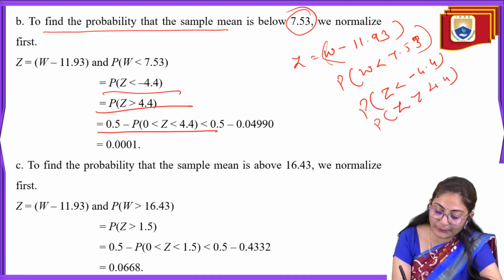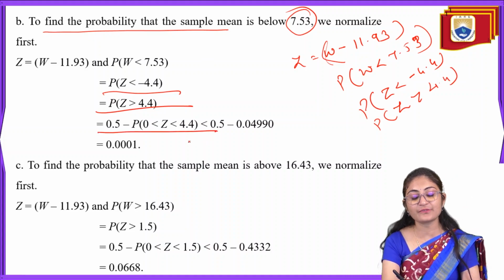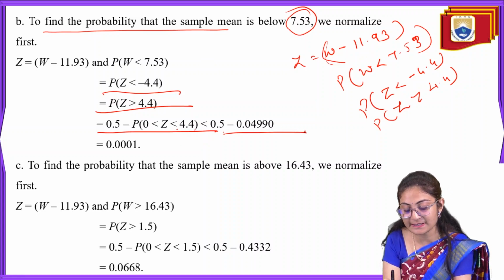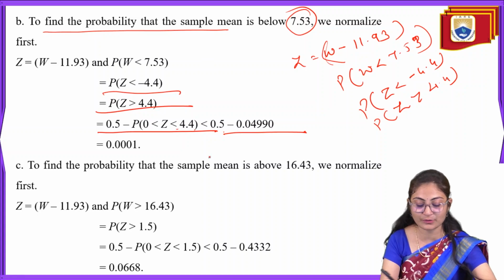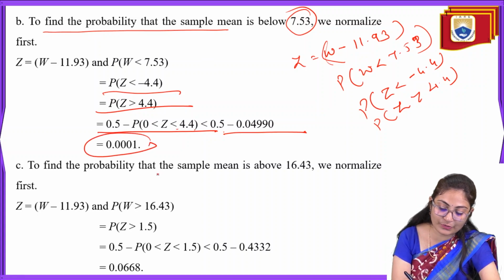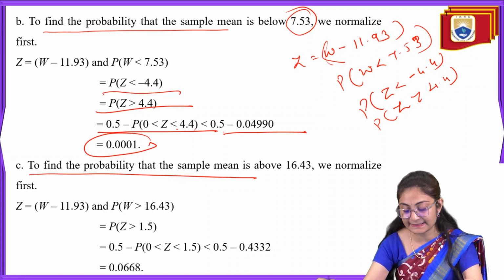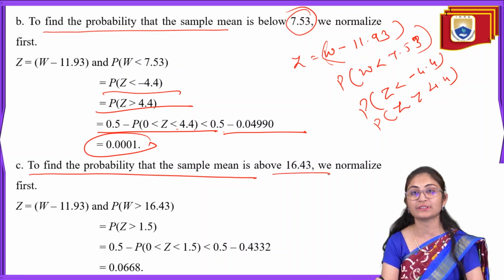So 0.5 minus P of 0 less than z less than 4.4, which is 0.5 minus 0.4999, that will be 0.001.